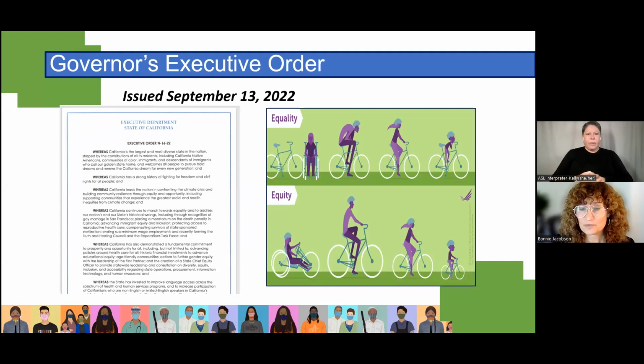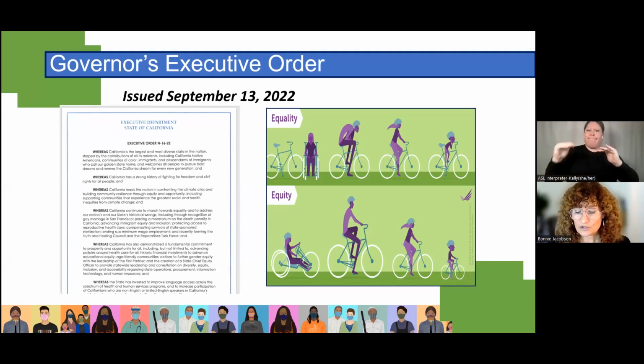Another foundational piece that came up early on was back in September of 2022, Governor Newsom issued an executive order. And the executive order is long, and I only could show you one small piece of it on this slide. But he was very careful in this order to be specific about what his requirements were going to be in terms of equity and health disparities moving forward.